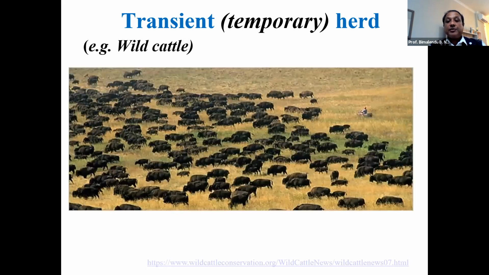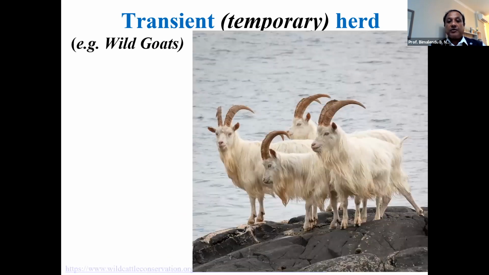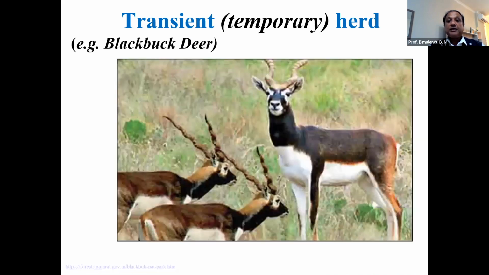Even during migrations, many of the wild cattle form a group and then split up. In wild goats, it's quite common. In black buck deer, you will find this type of temporary herd is formed. So breeding season, non-breeding season, you will find all male groups, all female groups, mixed groups.